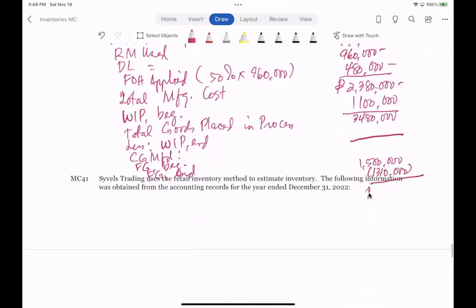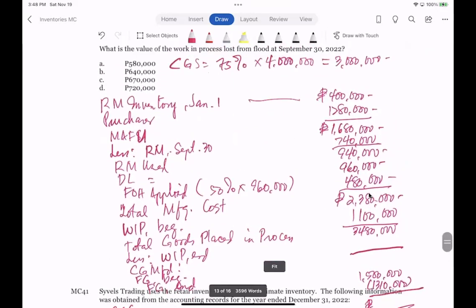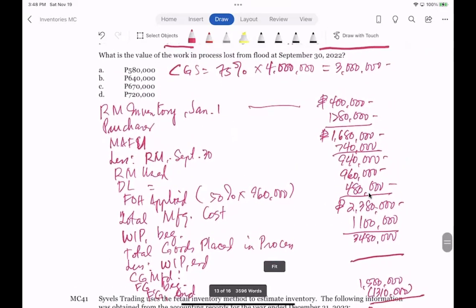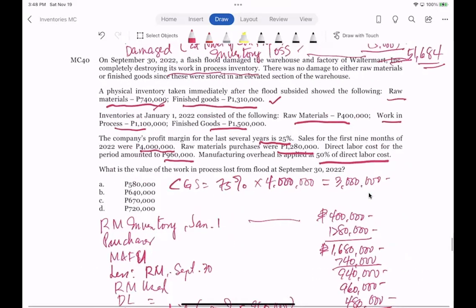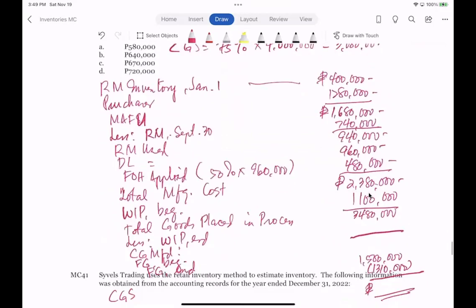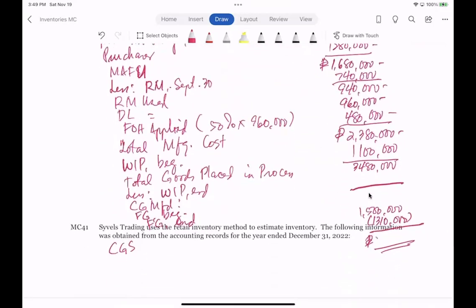Therefore, the difference is your cost of goods sold. Your cost of goods sold is what we computed, 3 million. That's 75% of sales. Sales amounted to 4 million, and gross profit for the last several years is 25%, so 75% of 4 million is 3 million.